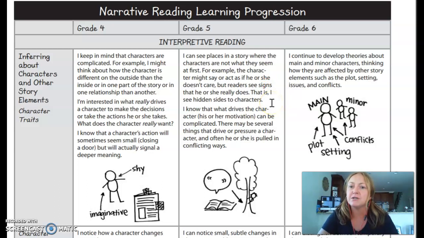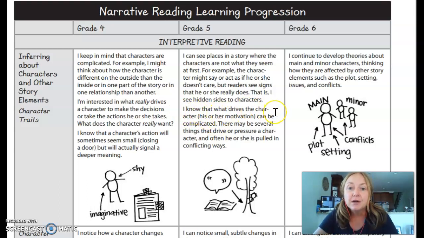And doesn't Professor Snape have that hidden side where he was in love with Harry Potter's mother and he cares about what happens to Harry Potter when we really thought that he did not like Harry Potter at all because he was so mean to him. So that is exactly what that's talking about, those two different sides. We call that contradictory. You're going to hear that word again just a little bit.